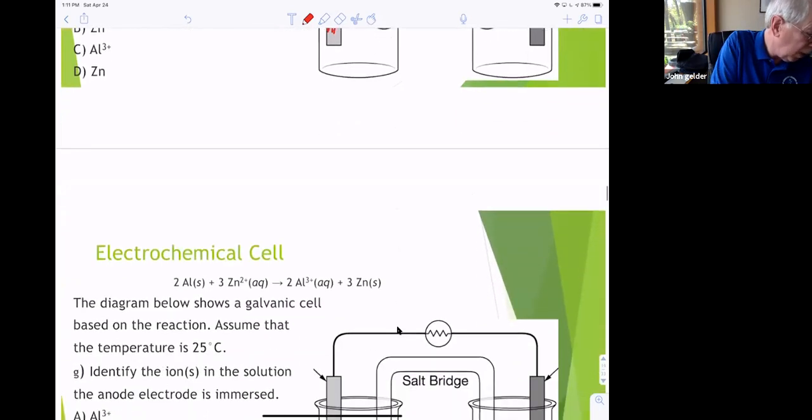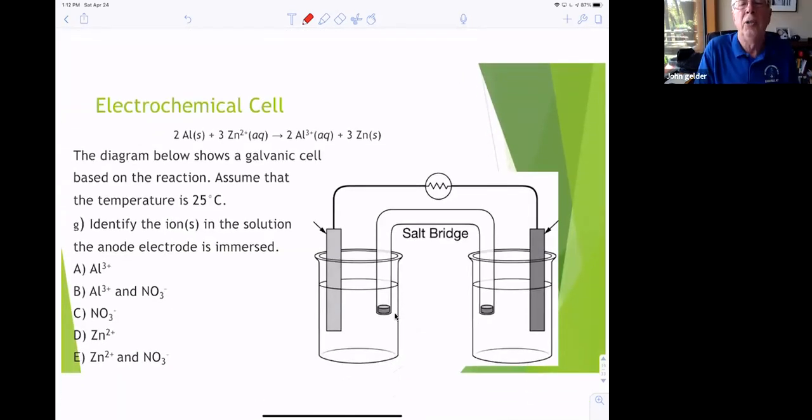But let's go ahead, and I'm going to relaunch this poll and ask about the nature of the ions that are in the anode compartment, because the anode compartment has to have a solution that contains particular ions as well as the electrode.